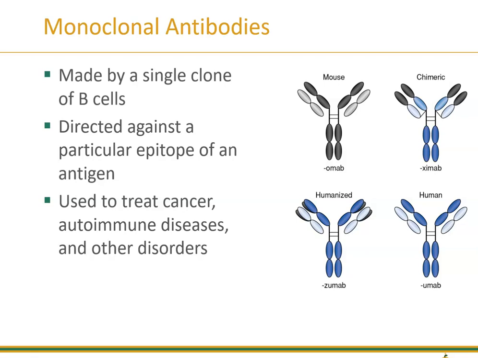These are ones you see on TV all the time. You can tell from the last 4, 5, 6 letters of the name where it's derived from, whether it's human, humanized, chimeric, or mouse-based. So it can tell you how the monoclonal antibody was produced.